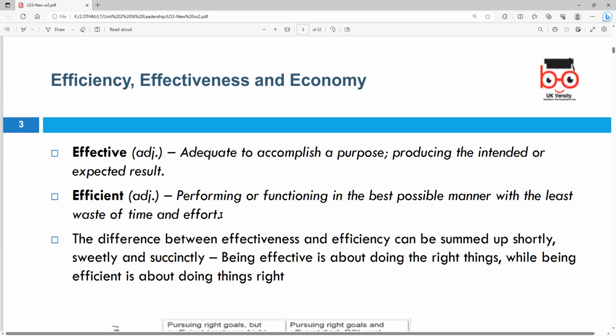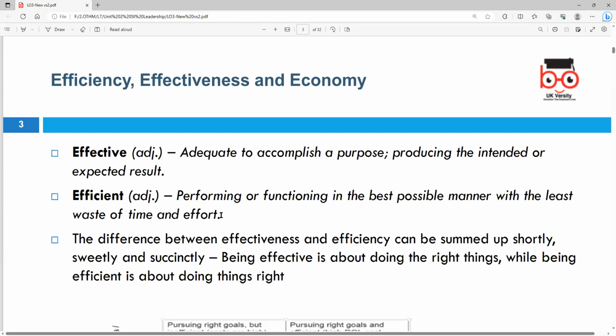Efficient, i.e. you're wasting less time, through cost savings and doing things the right way. Effective means doing the right thing, adequate to accomplish a purpose.